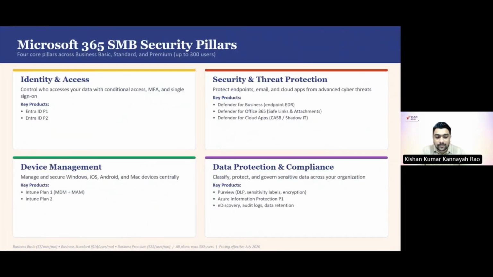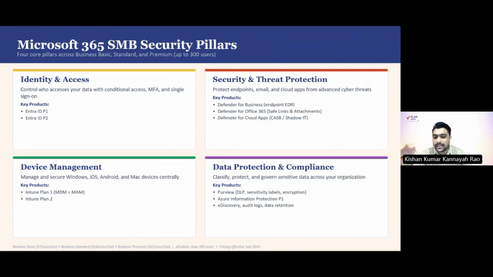This is something I always focus on, which is the security pillars. I call them security pillars, and we have 4 core pillars across Business Basic, Standard, and Premium, for up to 300 users. The up to 300 users limit is something you saw from the first slide.